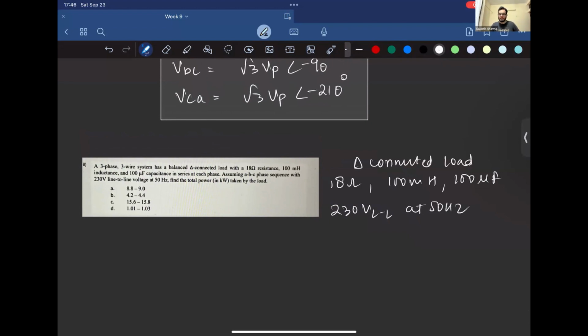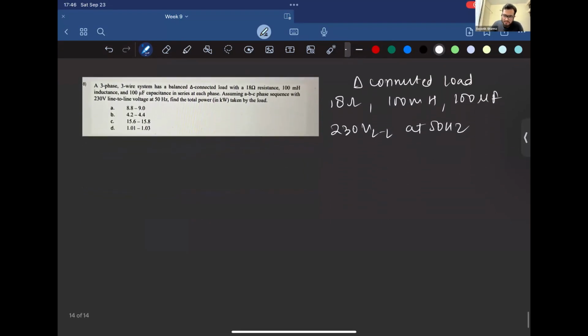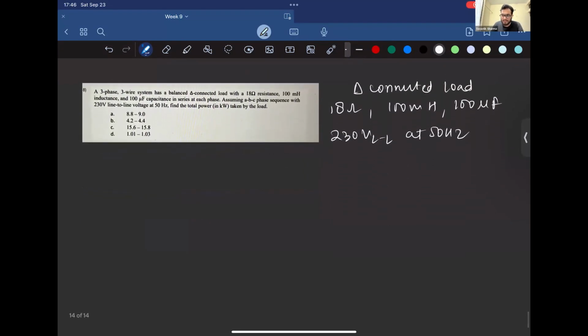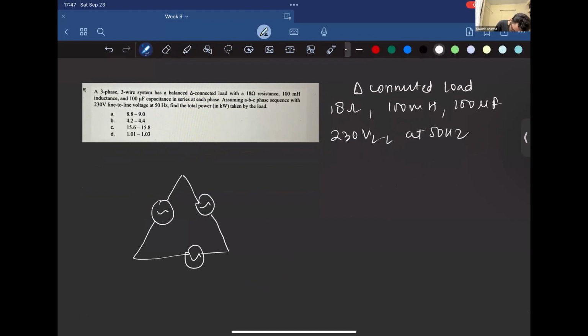find the total power. There's this concept that if you have a balanced load or a balanced circuit, let's represent our balanced generation, since the load is delta, let's connect in delta only. As it is a three-phase, three-wire system, it's a delta system, and our loads are also connected like this.